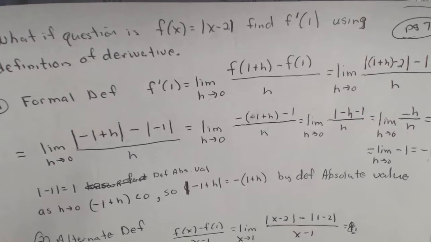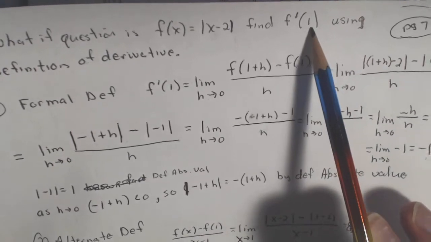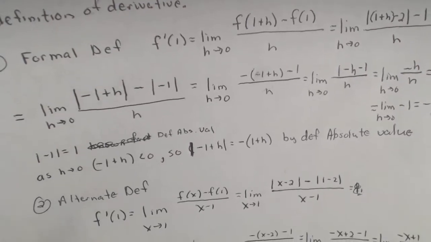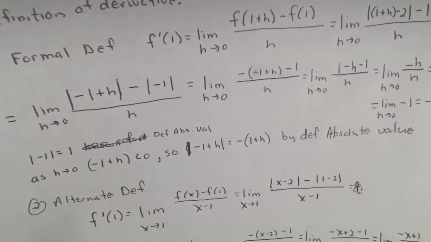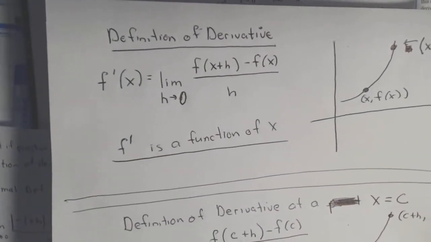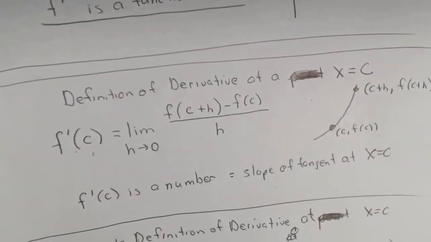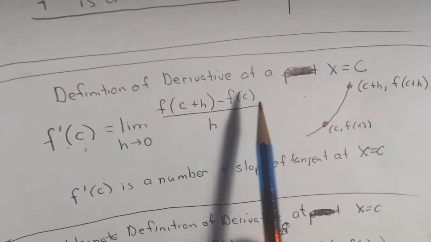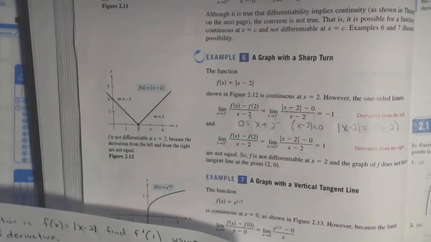And again, this will be the definition of the derivative at a point, because we're given a point. So using our first version of the definition of the derivative, which is essentially this guy, written for a point, so f prime of c, and we're going to be plugging a 1 in for these guys. That's the definition we're using.